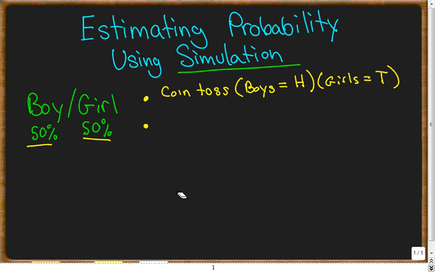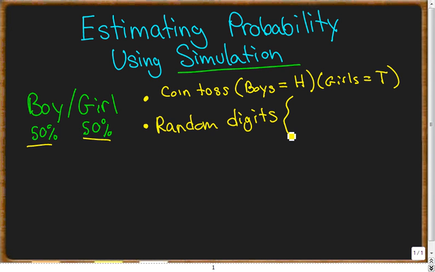One other method that people really like to use is digits. For 50%, you could do this in different ways. You could pick random digits.